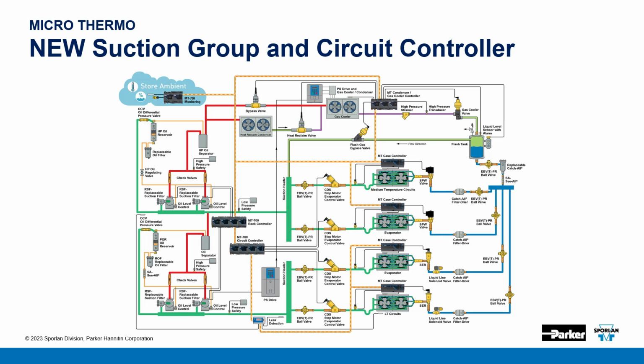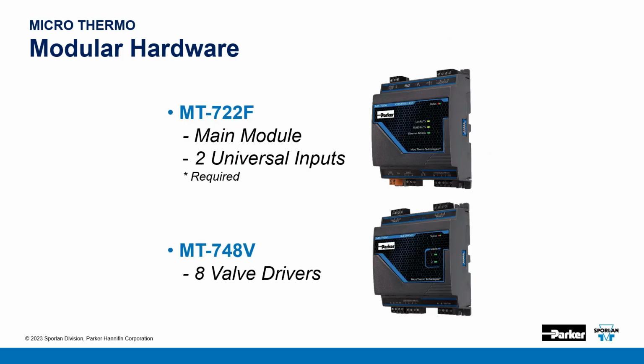Then we can have another 700 to control the rack, another MT700 train for the circuit control, case controllers in the fixtures or cases, and then another train to control the gas cooler or condenser in a system. So again, the 700 platform offers much more power and way more flexibility in the way you can set it up.